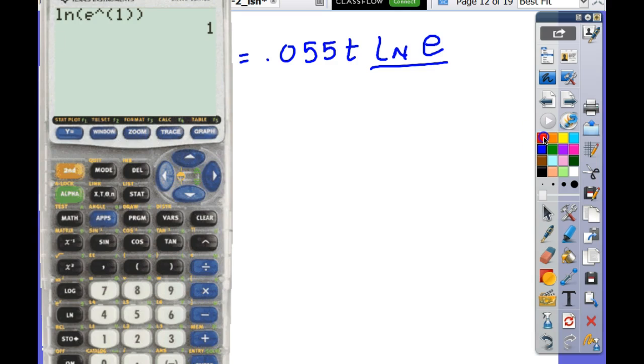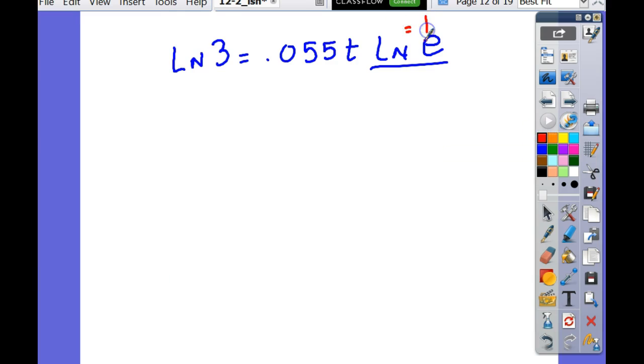This is equal to 1. Because the base is E and that is E, and E to the first power is equal to E. This is equal to 1. What is 1 times 0.055? 0.055.